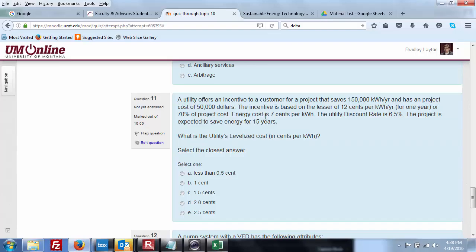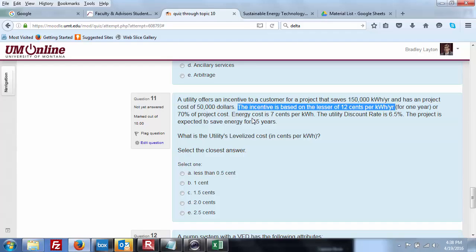Okay, so we're going to run this thing for 15 years. It's going to save this many kilowatt hours per year. This is the present value cost. You're either going to save 12 cents per kilowatt hour per year, every year. For 1 year. Does it just go away after 1 year?